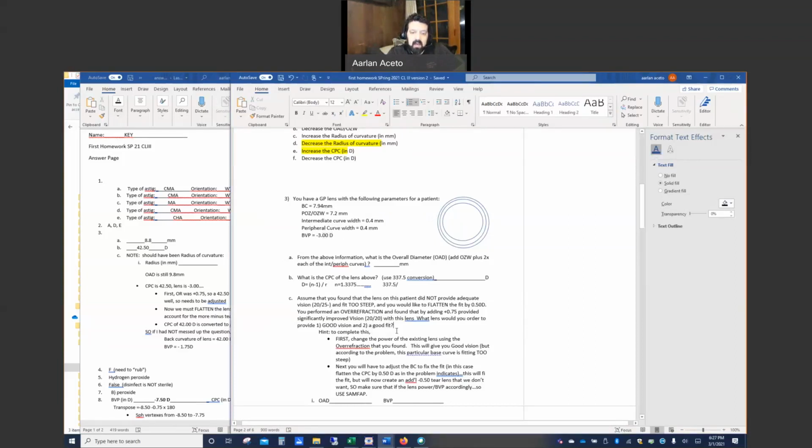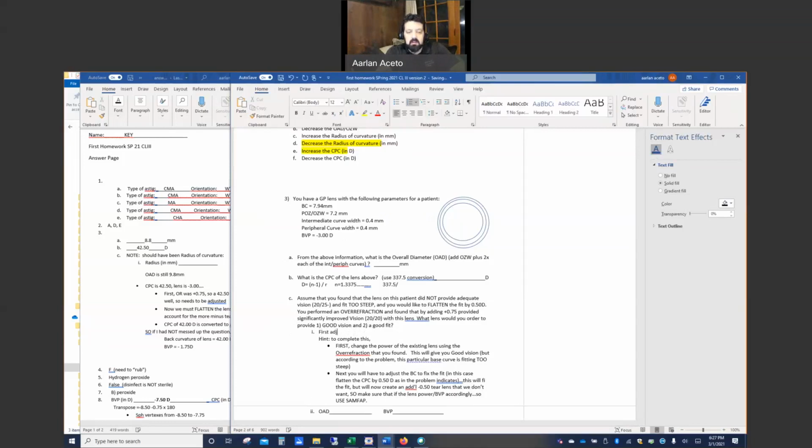we went from a first adjustment would be, we would go from a 7.94 and we did it in a 42.50, is what we said, which is a 42.50 diopter curvature lens. This is how steep the back surface is.